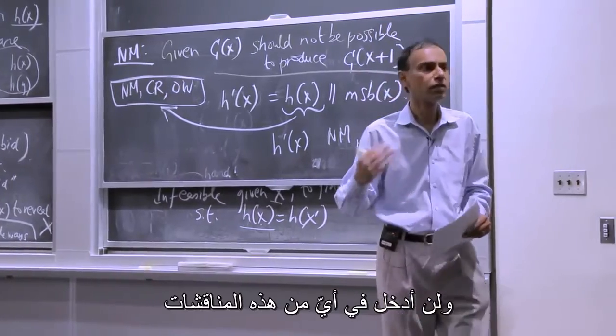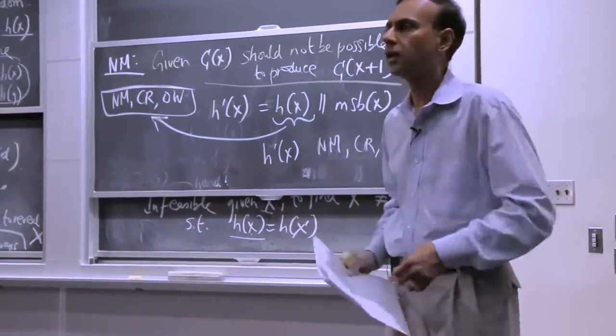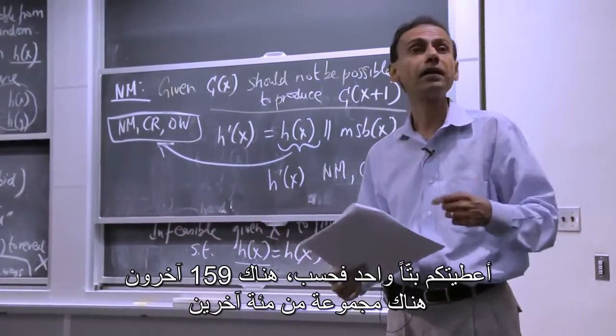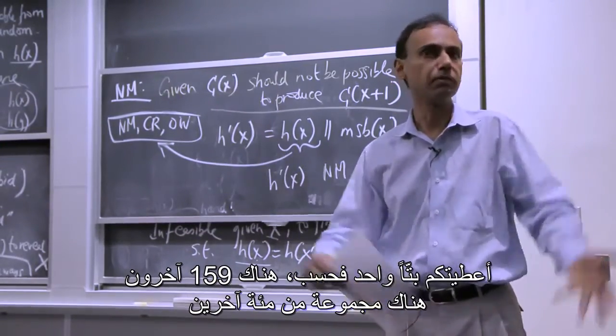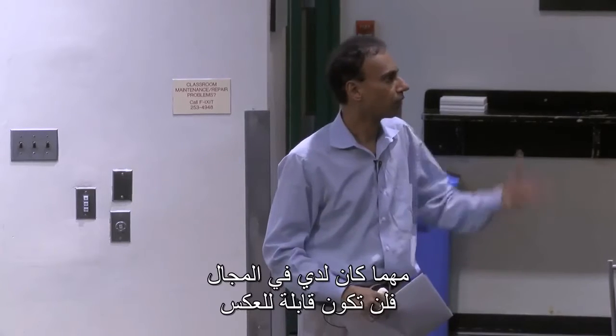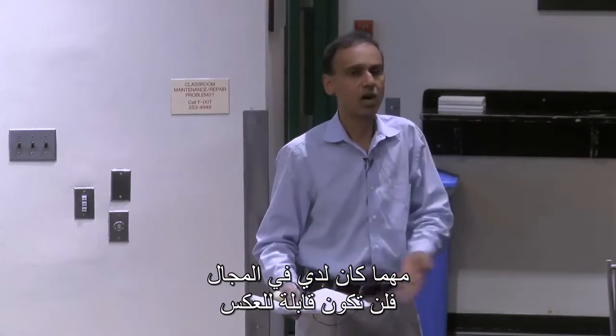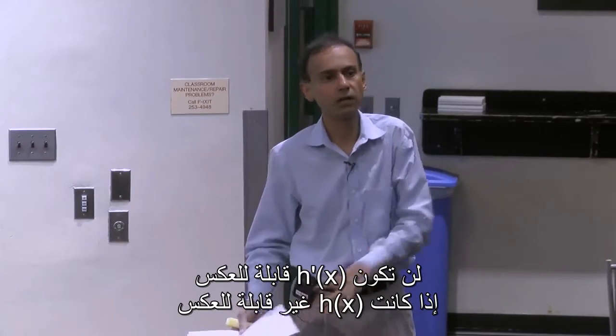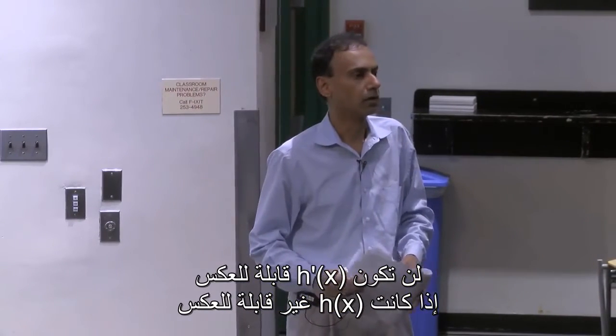And I won't go into each of those arguments, but you can think about it, right? If I'm just giving you one bit, there's 159 others, there's a couple of hundred others, whatever it is that I have in the domain. It's not going to be invertible. H prime of x is not going to be invertible if h of x is not invertible.